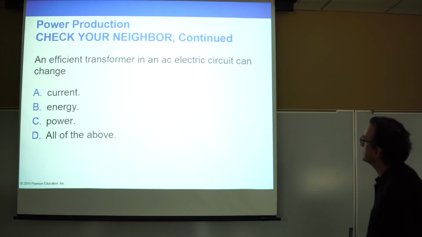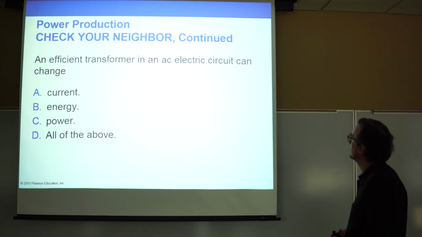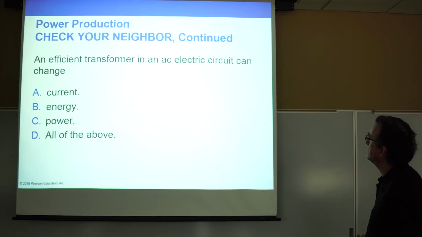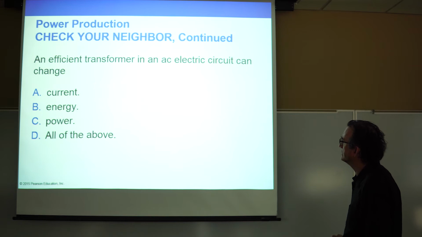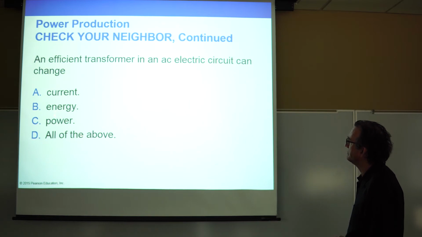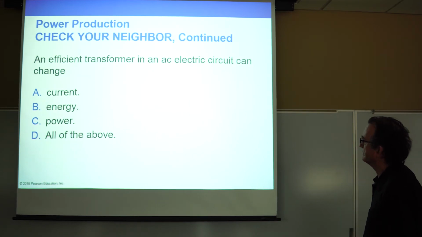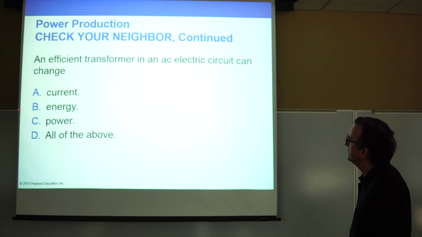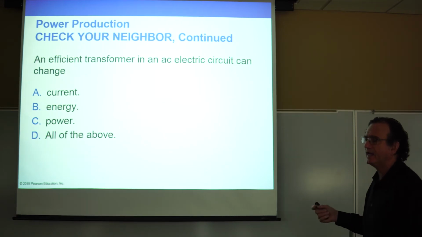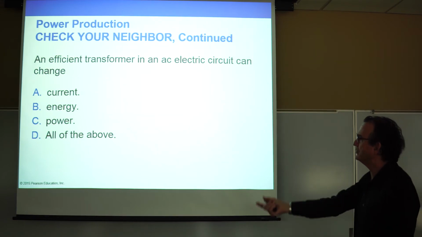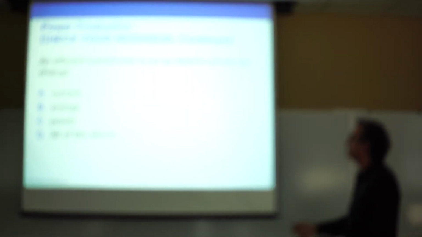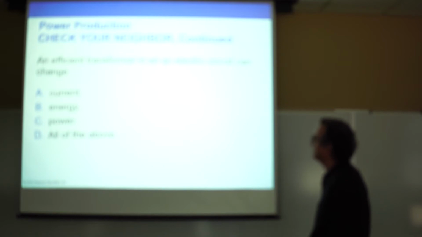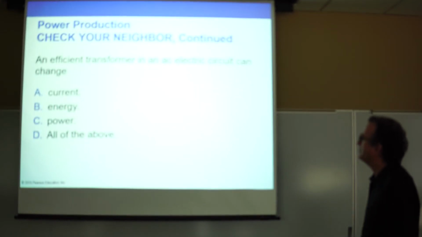Another question you can ask yourself: an efficient transformer in an AC electric circuit, does it change the current? Does it change the energy? Does it change the power? Or all of the above? Well, we've just answered that a transformer cannot change the energy. It cannot take a given amount of energy on the input winding coil and translate that to a higher electrical energy on the output coil.